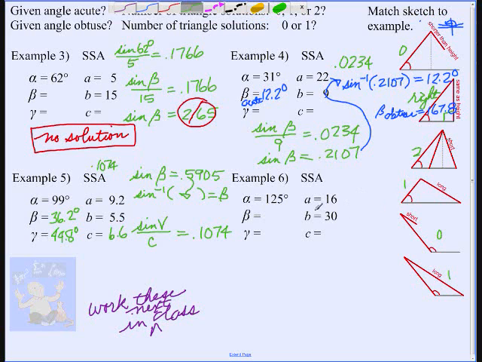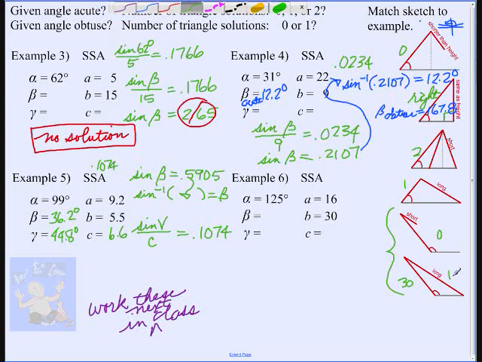Let's do this one. Now, here again we have, oh, maybe we don't actually even have to do anything here. We have obtuse, so we're looking at this or this. The side opposite the given angle is 16, and this side is 30, so we've got this situation.